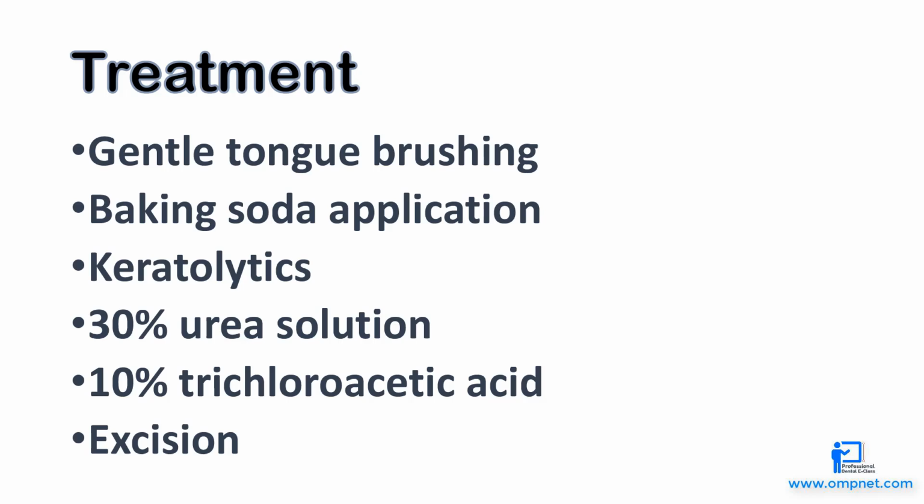For instance, regular tank scraping using a scraper and baking soda preparations, the local application of keratolytics like 1% podophyllin or 30% urea solution or cream, the directional usage of peeling agents like trichloroacetic acid, and then in very extensive cases, surgical trimming of these elongated filiforms.